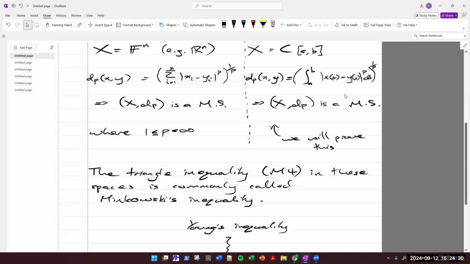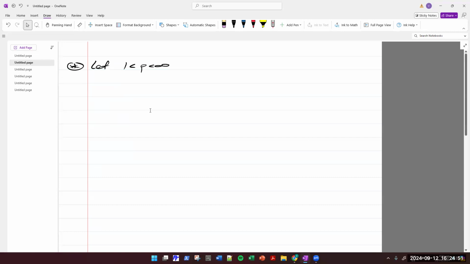If you go back to our spaces and put p equal to 1 into it, that just follows from properties of the integral or properties of summation and properties of the modulus. So plug p equal to 1 into these metrics d_p and you will see it's straightforward. The problem is when p is a number bigger than 1. So we look at that case.